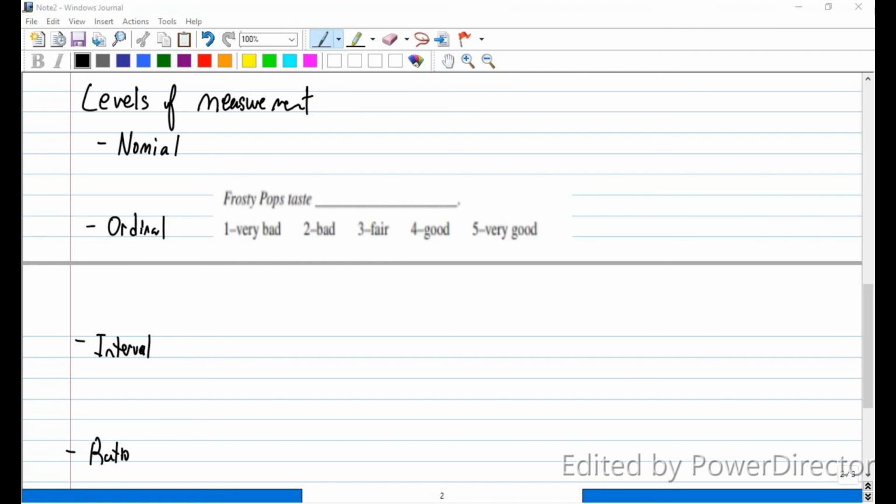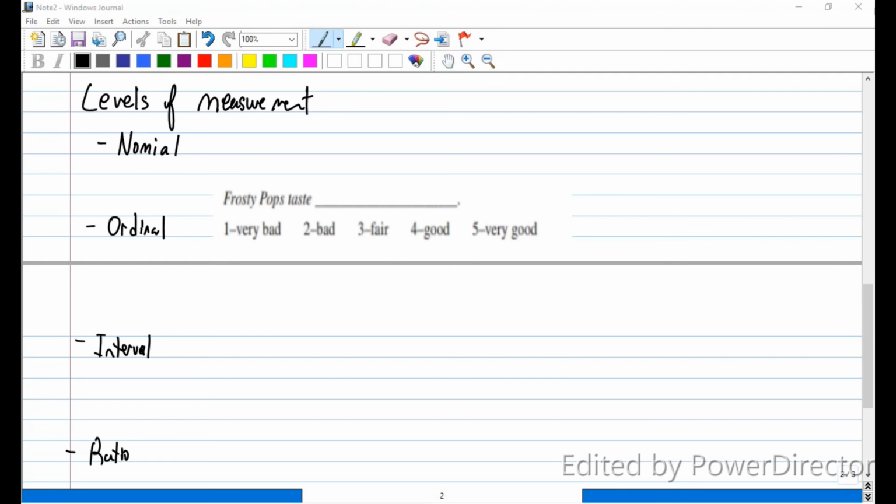So we had the nominal level, labels that really can't be ordered. You may be able to sort them, but you can't really order them. Then we have the ordinal level. All right, can be labels, can be numbers, can be sorted. The next level we're going to look at is the interval level.